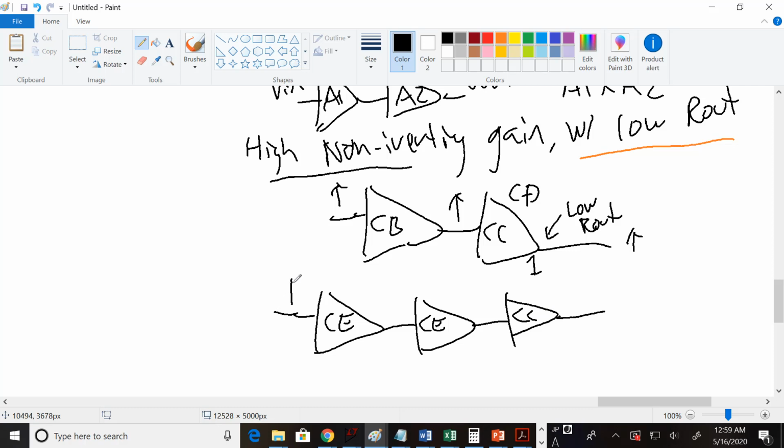Now this inverts, so now if you give it an input that goes up, the output of the first common emitter goes down, but then the second common emitter flips it again, and the common collector isn't inverting, so you're going up. And so from the input to the output, it's non-inverting, which was part of the spec. Hopefully that's enough to get you started on that question.